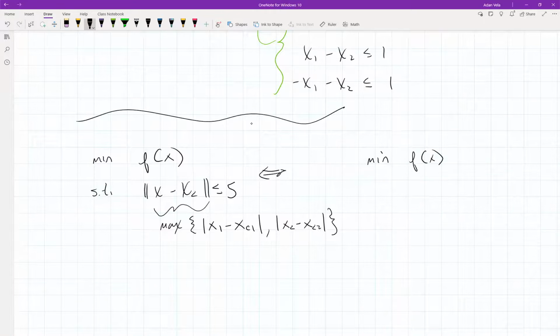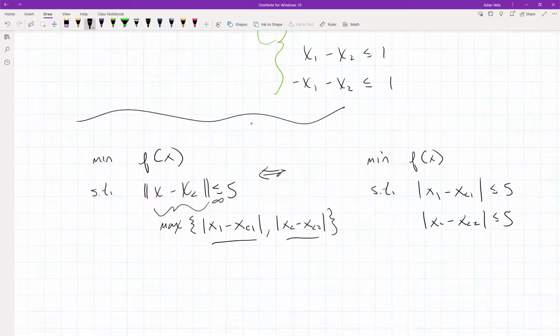This L infinity norm is the same thing as saying the maximum of these two values has to be less than or equal to 5, whichever one is the maximum. So we could rewrite that as the absolute value of x1 minus xc1 is less than or equal to 5, and the absolute value of x2 minus xc2 is less than or equal to 5.